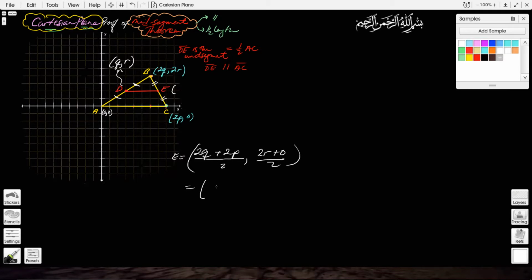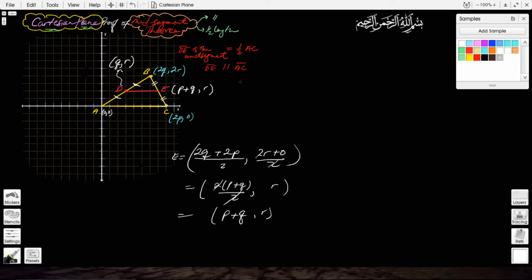So it becomes 2 times (p plus q) over 2, and here this is just r. And so this becomes just p plus q and r. So this is going to be p plus q and r.